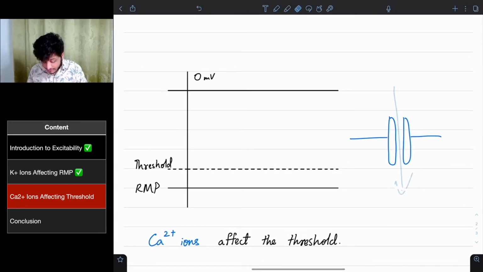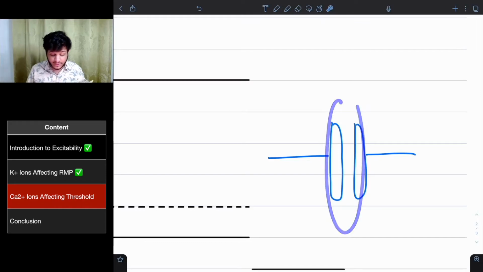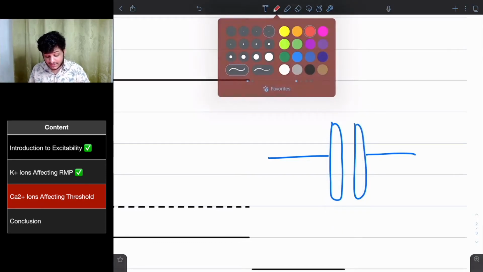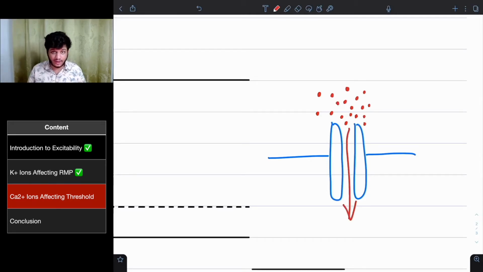Now, around the outside of these ligand-gated sodium ion channels, it attracts calcium ions. Okay, it attracts calcium ions. So calcium ions actually kind of block these ligand-gated sodium ion channels. Why can't these calcium ions enter the cell itself? And if it attracts, right, why can't it enter?